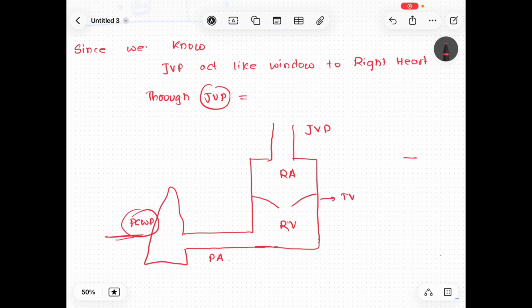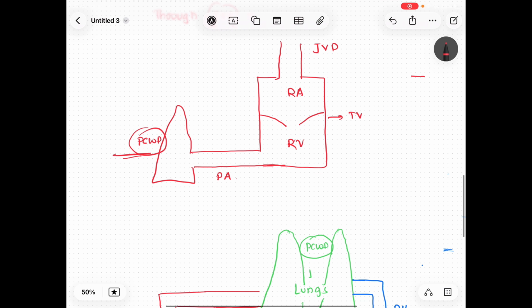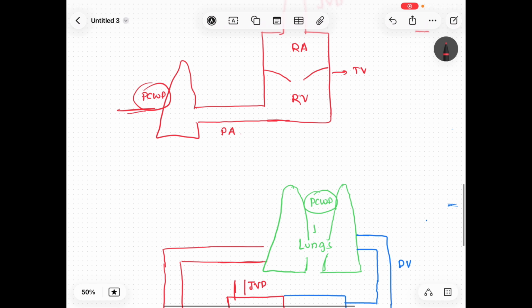So it tells you about right heart hemodynamics. Now, can JVP tell us about left-sided heart pressure?